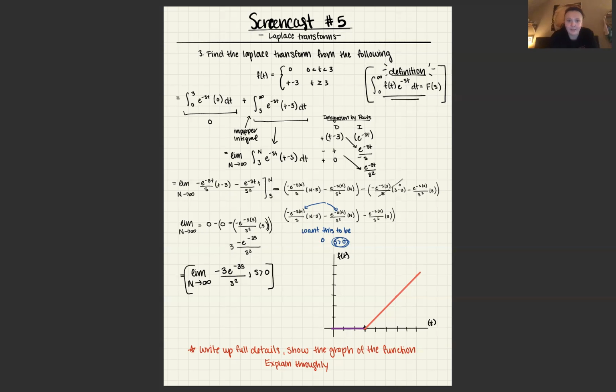There is no area, so that makes sense; this just becomes 0. Then from 3 to infinity, we have this increasing area that's going to go to infinity, so that's why you need to take the limit, since it can't exist for everything. And s is never going to be less than 0 because the area is increasing.